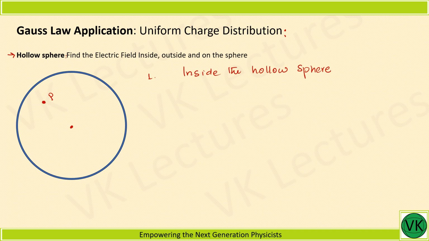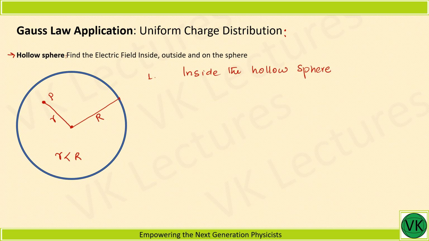The radius of the hollow sphere can be considered as capital R, and the distance of P from the center is smaller. Now from this you can write that r is less than the capital R.